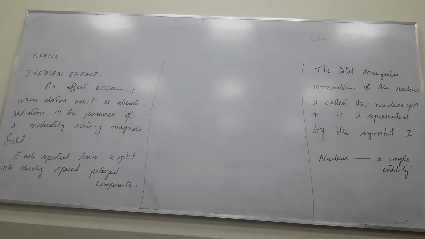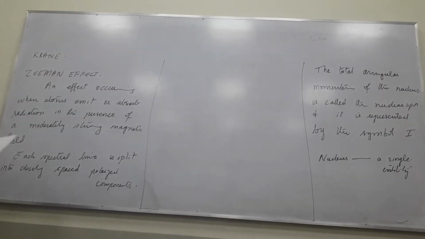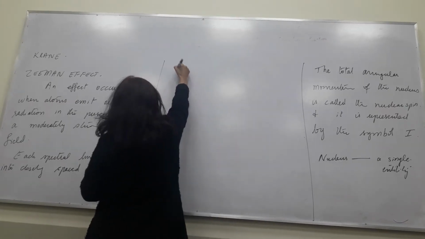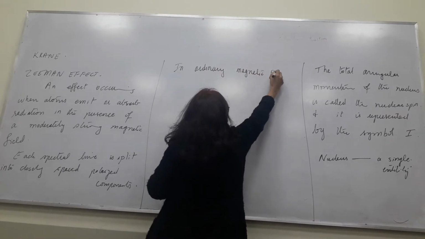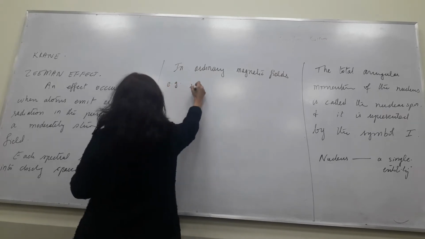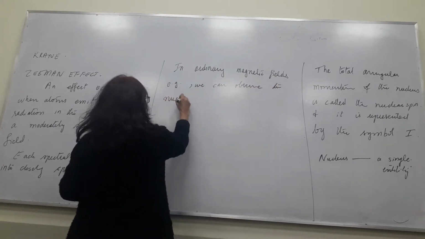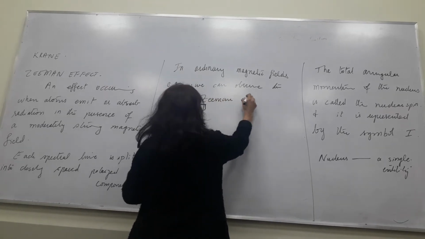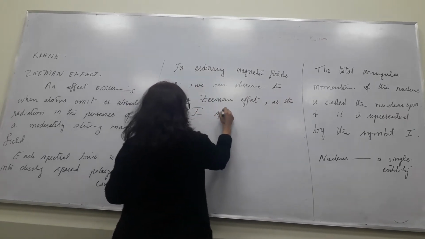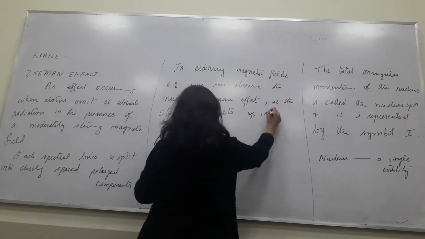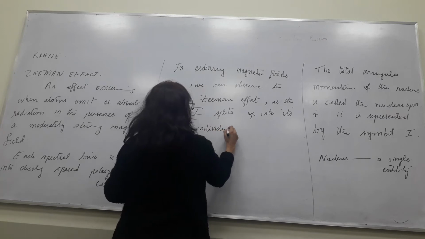Okay. So, in ordinary magnetic fields, we can observe the nuclear Zeeman effect as the state I splits up into its 2I plus 1 individual substates.